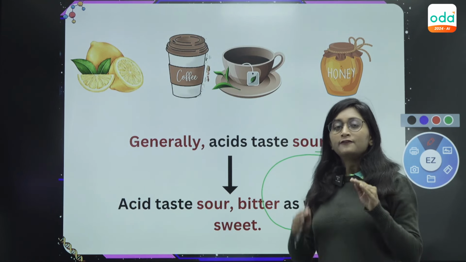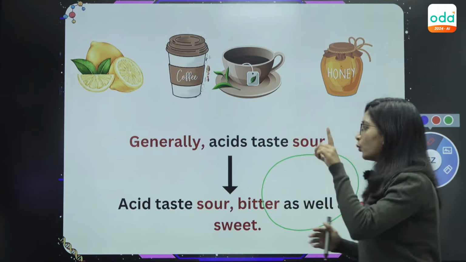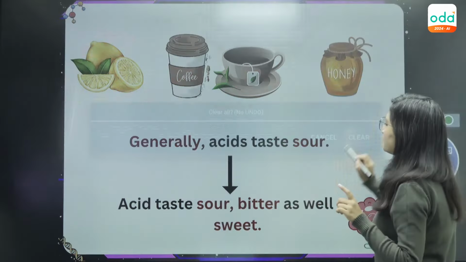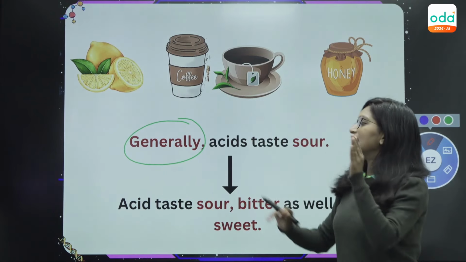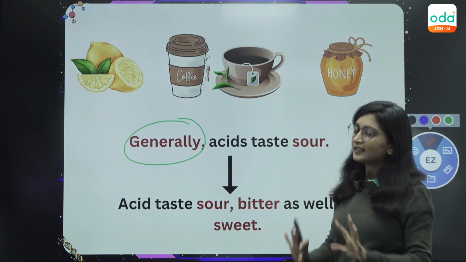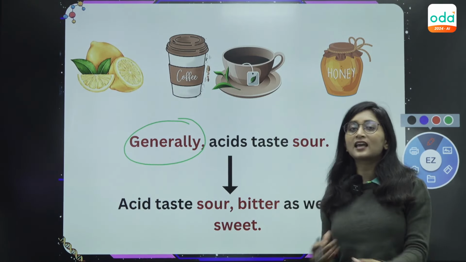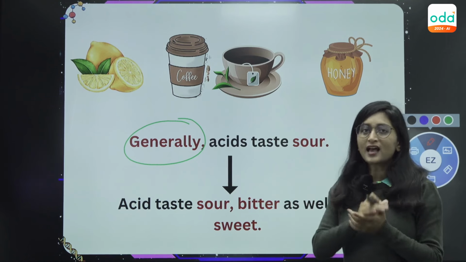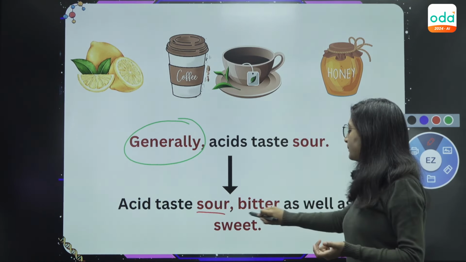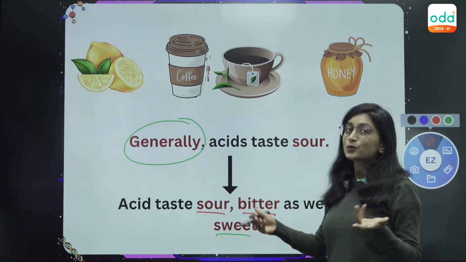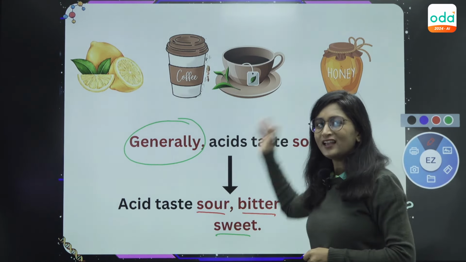So here we have to replace "all" with "generally", right? So generally acids taste sour, but yes, there might be substances which are acidic in nature but, given a chance, might taste bitter, or might even taste sweet, as you have seen in the case of honey.